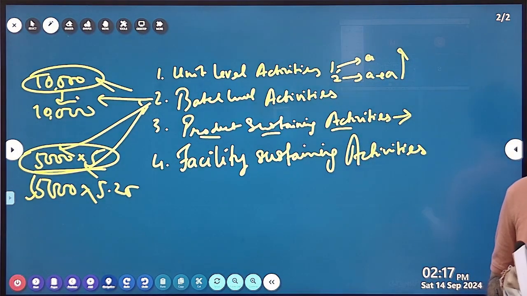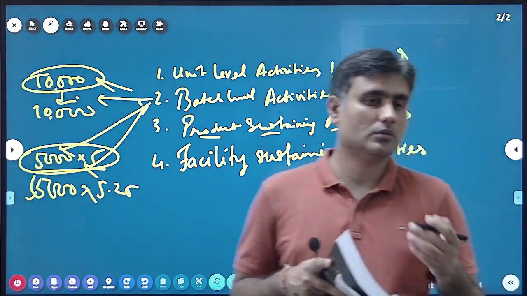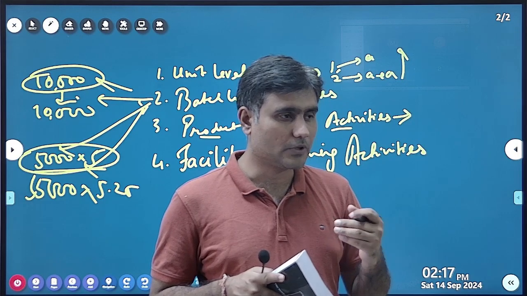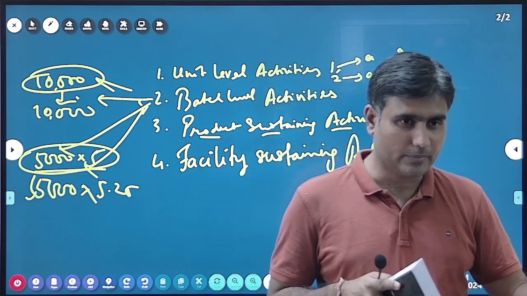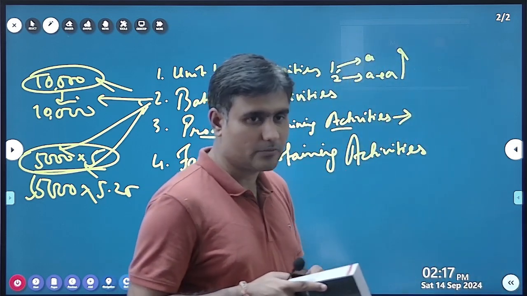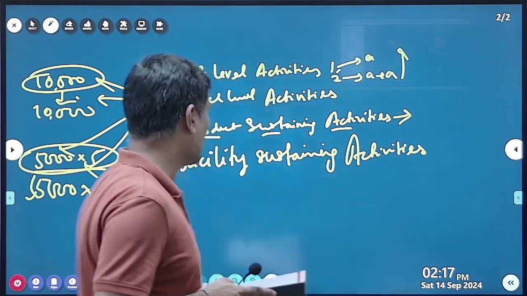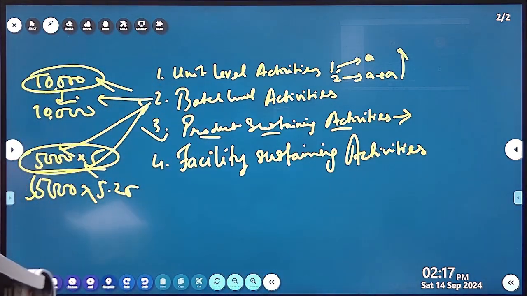It may become bad. You may not be able to use it after some time. If you cannot use the machine, there will be idle time. So to avoid such time, you have to maintain the machines every now and then. So those activities come under product sustaining activities.